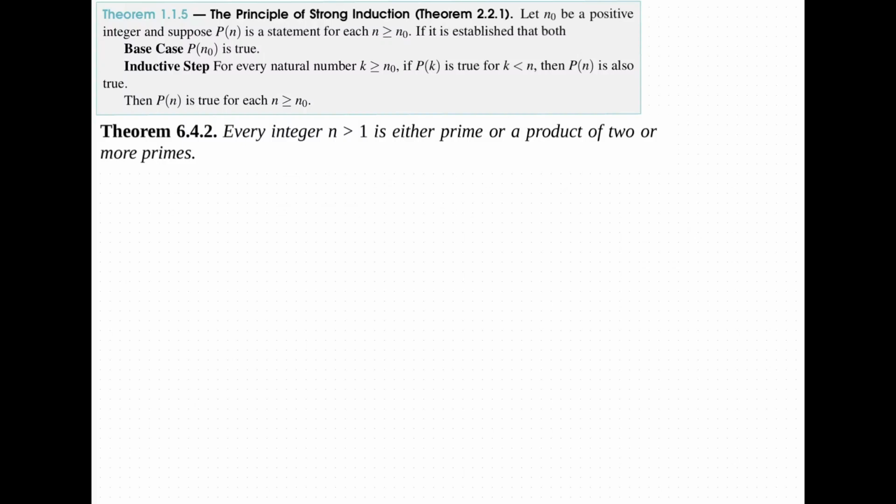To use strong induction, we first need a statement. So let us give the following statement. For n an integer with n greater than or equal to 2, let S of n be the statement: n is prime or n is a product of primes.